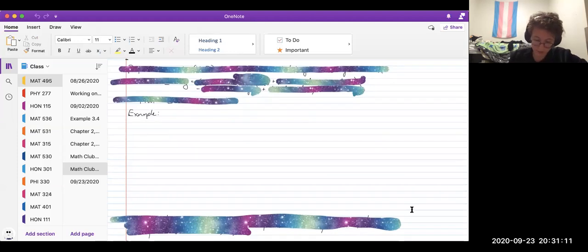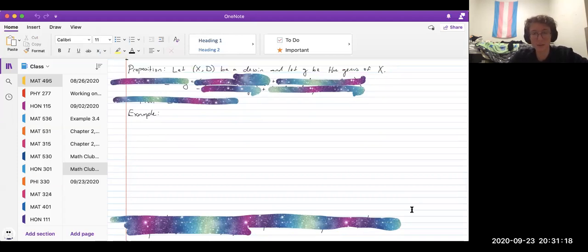And now the very useful proposition is that if you let XD be any dessine and you let G be the genus of the dessine, then the genus is connected to this cycle permutation representation.